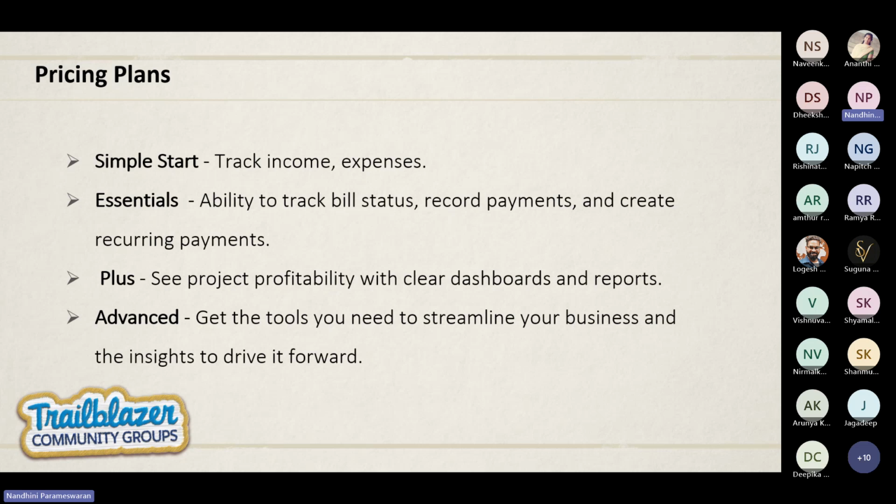And then Plus. Plus is a little bit more advanced compared to Essentials and Simple Start. This pricing is $90 per month, and we can have access for up to five users and two accounting firms. We can mark expenses as billable and assign that expense to a customer.